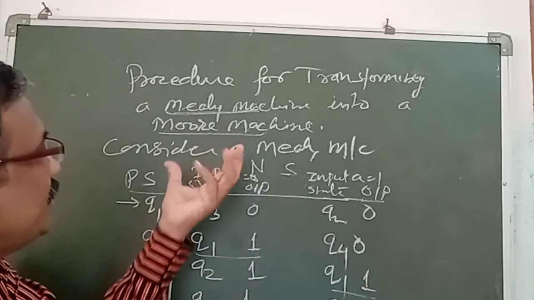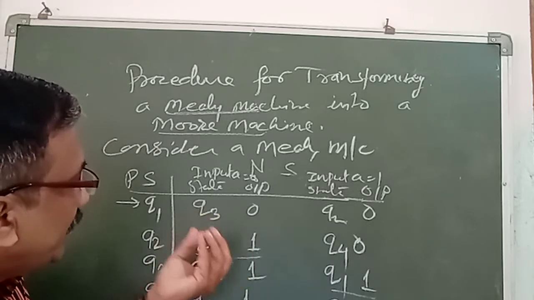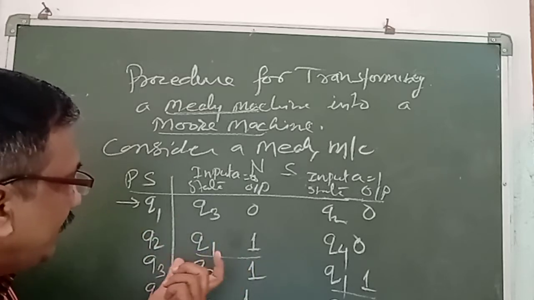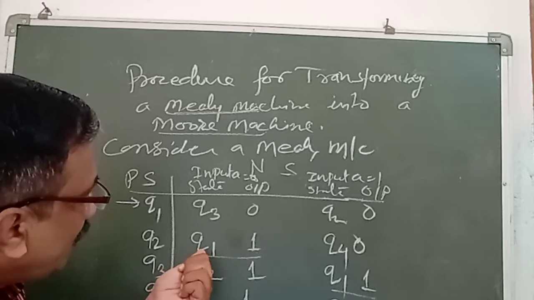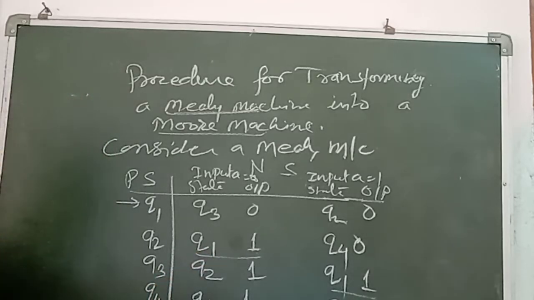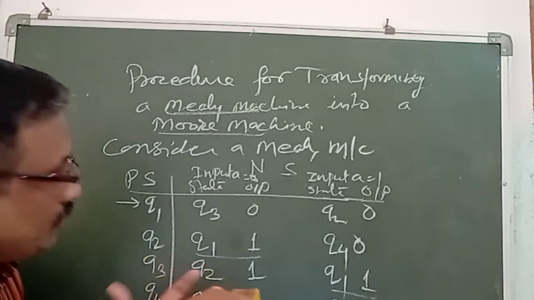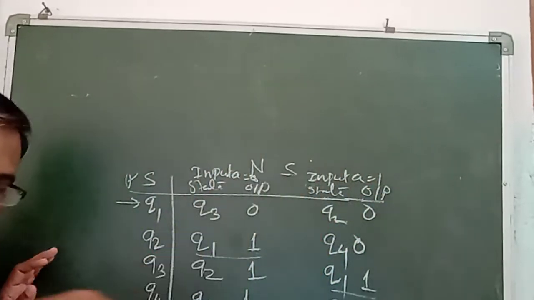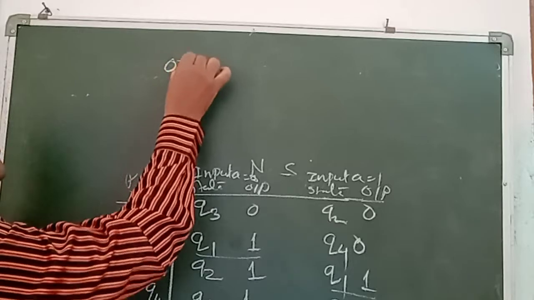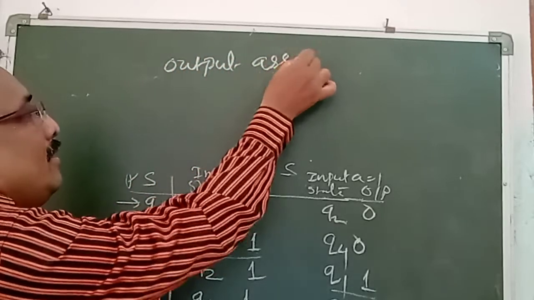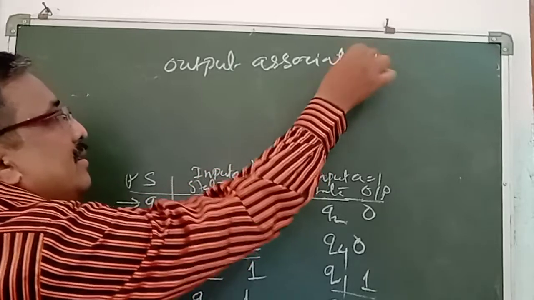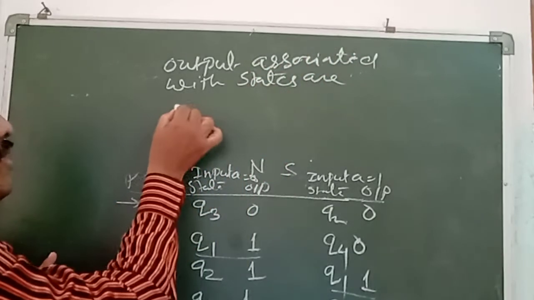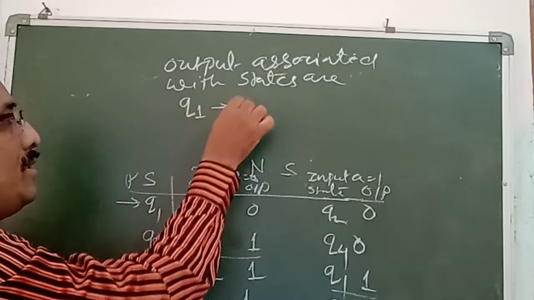To convert the Mealy machine into an equivalent Moore machine, we have to identify the output associated with the state. Output associated with state Q1 is 1.